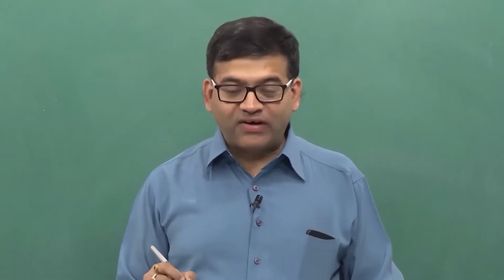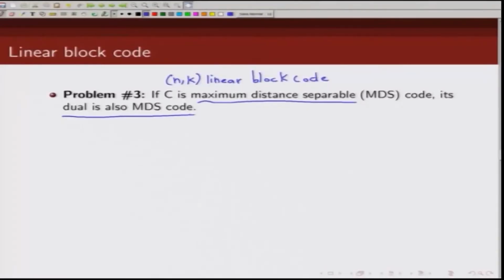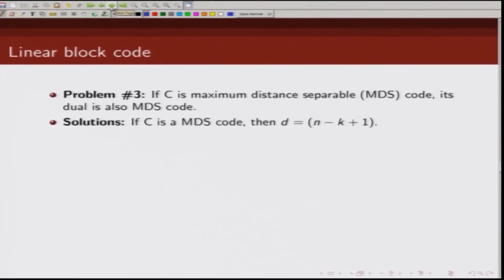Now, what do we mean by a maximum distance separable code? We know the codes that satisfy the Singleton bound with equality are known as maximum distance separable codes. So, if this (n, k) code is maximum distance separable, then the minimum distance of this code should be n minus k plus 1, right.